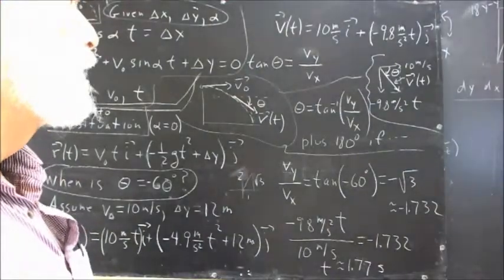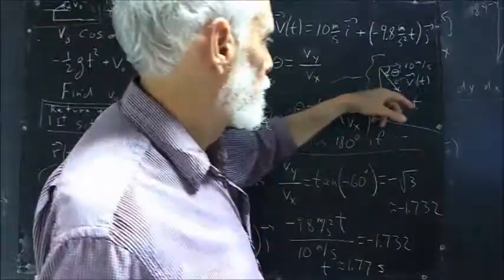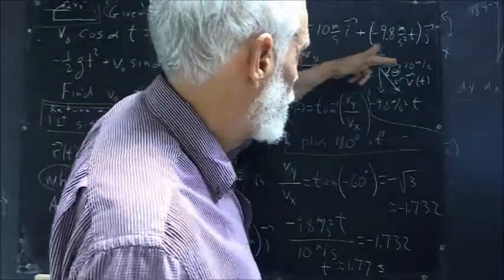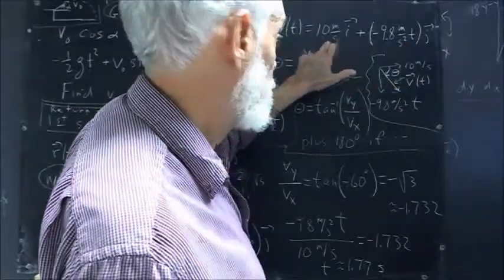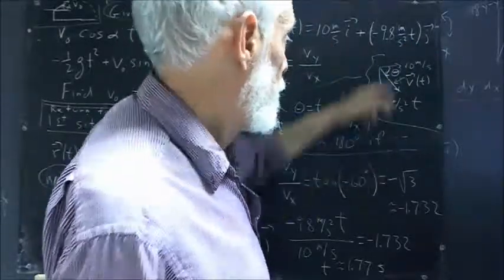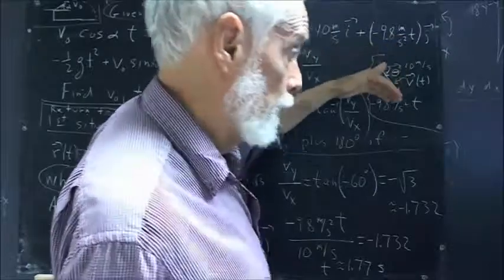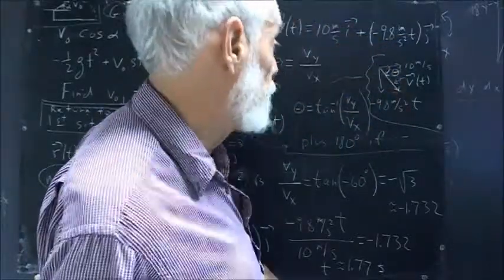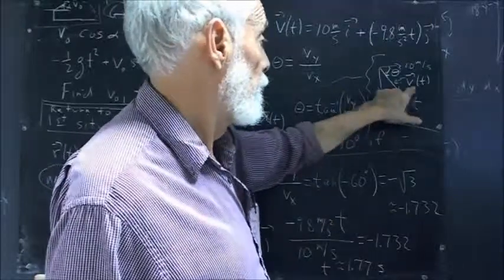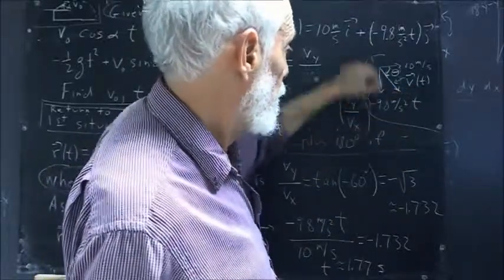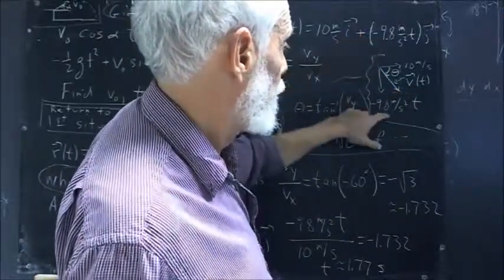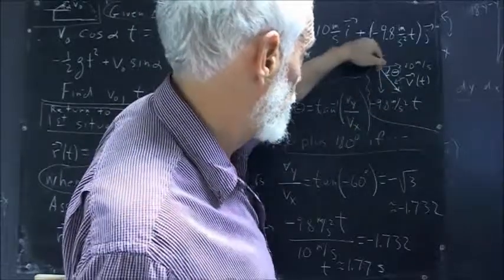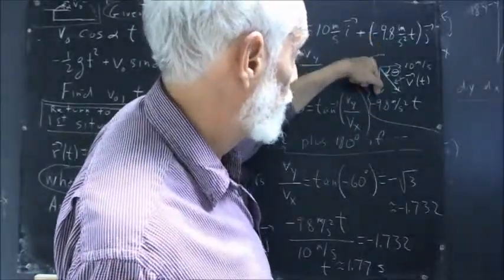So here's a picture. The 10 meter per second velocity in the x direction isn't going to change. This angle is going to change because the y velocity is increasing, so the angle is going to get increasingly steep. We have the v of t vector, and we have negative 9.8 meters per second squared times t being the vertical component of the velocity.